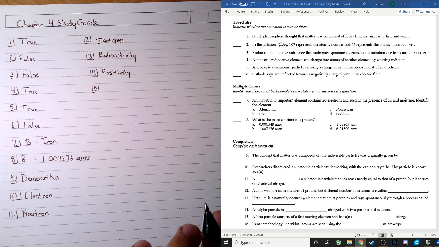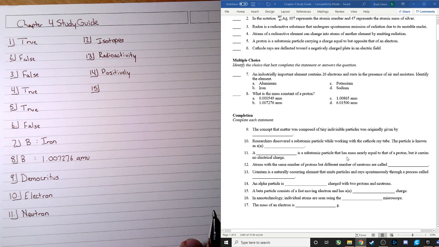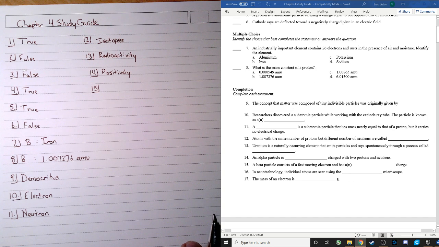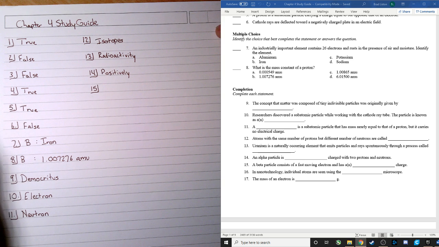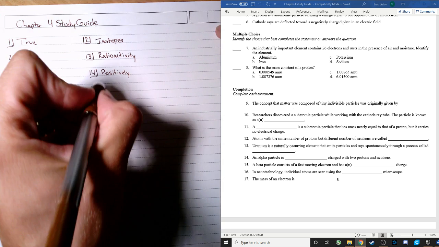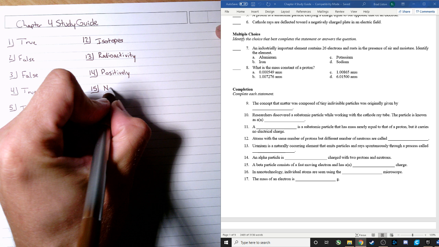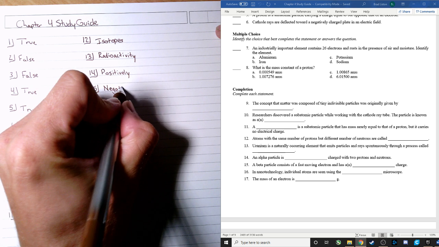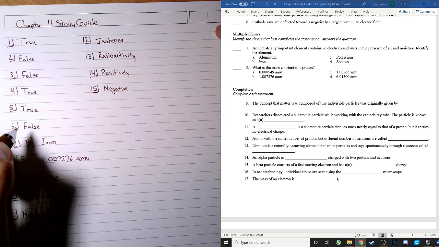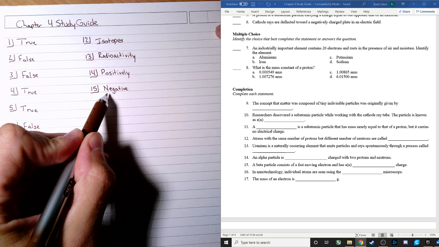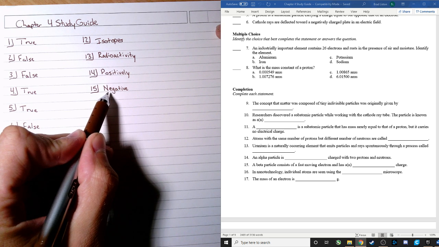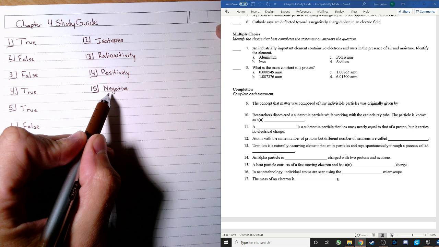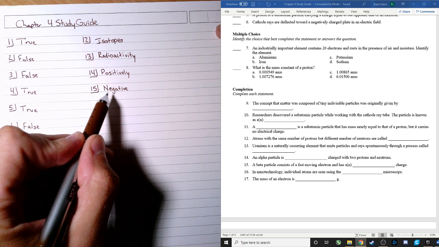So next, number 15, a beta particle consists of a fast-moving electron and has what type of charge? Negative. So basically what happens here is an electron has a 1 negative charge, so that means your beta particle would also have a negative charge.